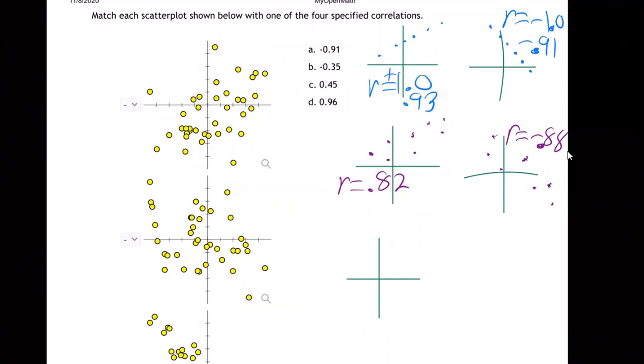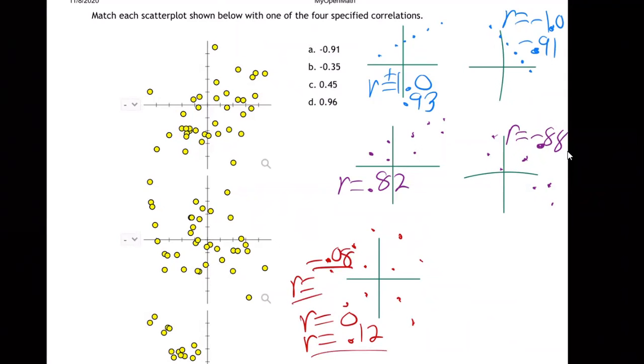If the dots are just random everywhere, not forming any kind of line, then R is basically 0. You might see a value like 0.12 or negative 0.08 or something like that. One of these values, basically 0.